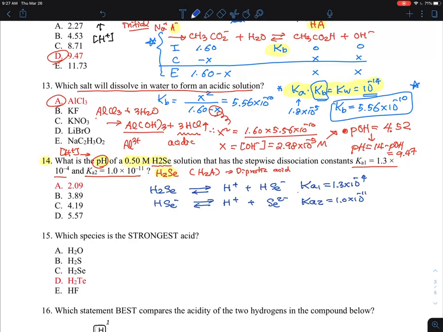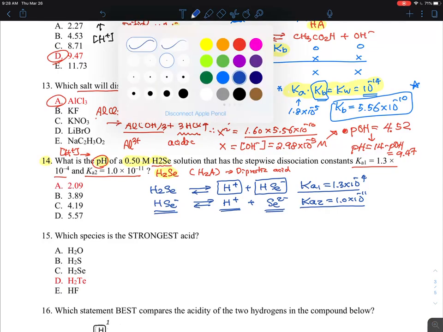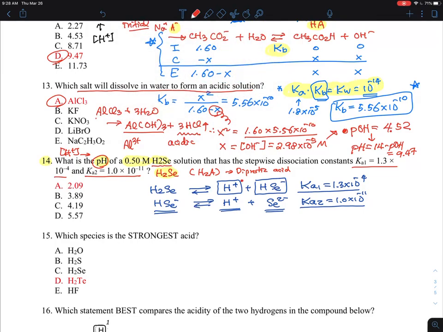So these both are very, very small, right? You can think about that as a ratio between the top portion over the bottom portion. Through the first equilibrium, you generate some amount of this, and you generate some amount of that. That amount then carries on to generate some more H plus and some more of that. The concept here is I want to know my concentration of H plus.